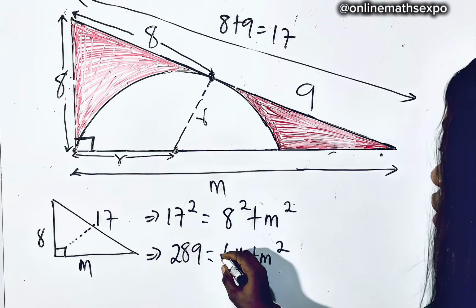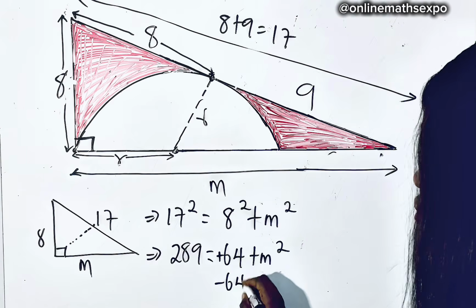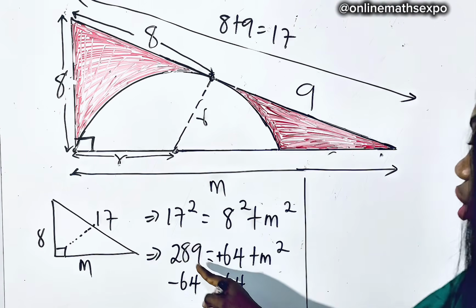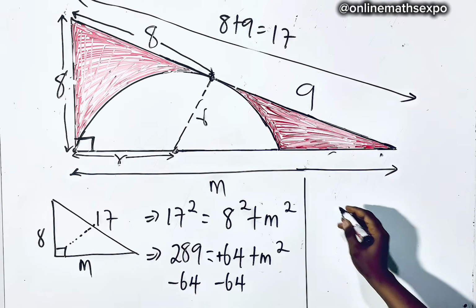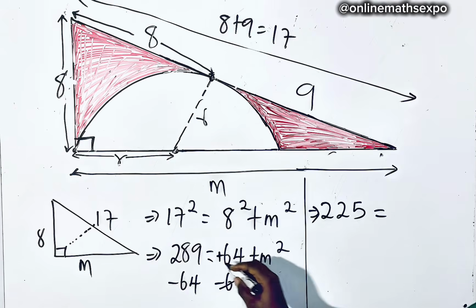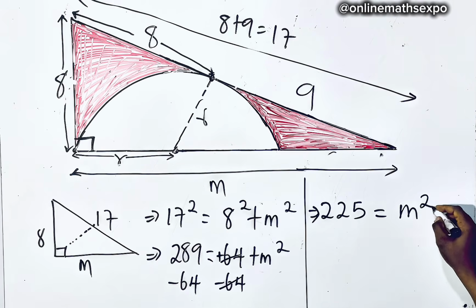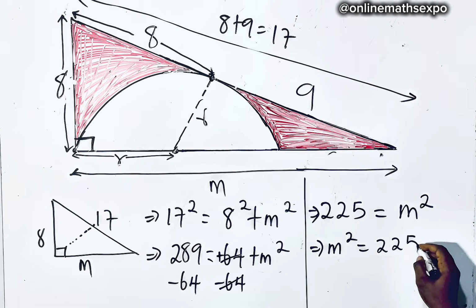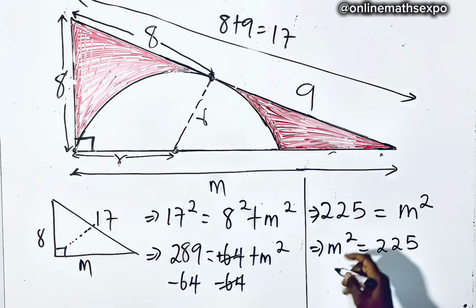So to remove this plus 64, you subtract 64 from both sides. And when you do that, you are going to now have 289 minus 64, it gives us 225, is equal to, 64 minus 64 is 0, M squared. So it means that M squared is equal to 225. To get M, remove the square.